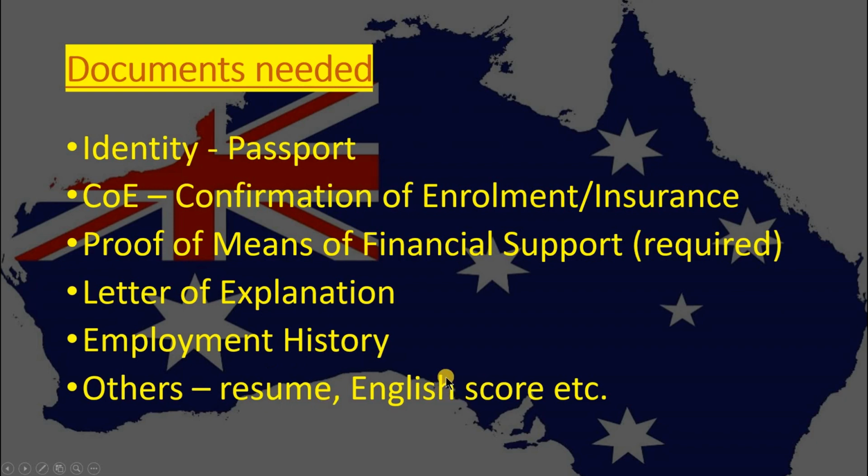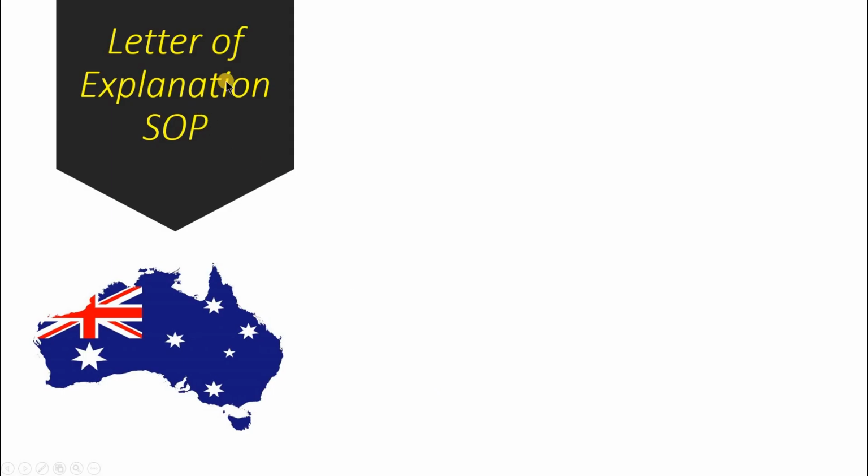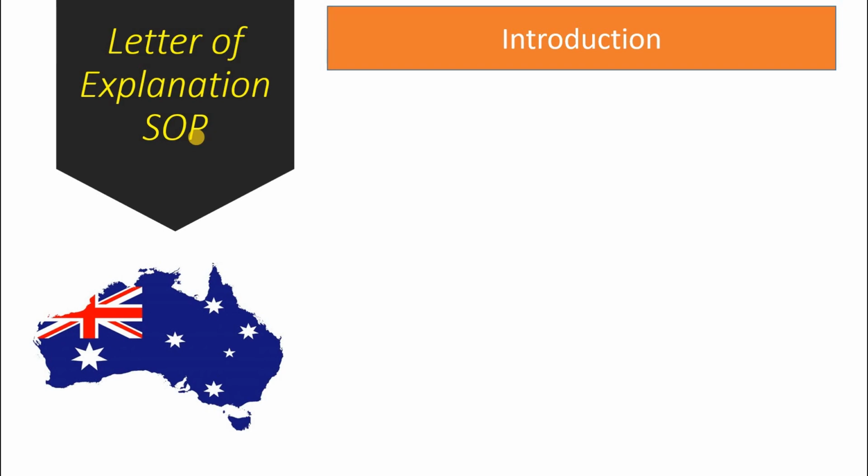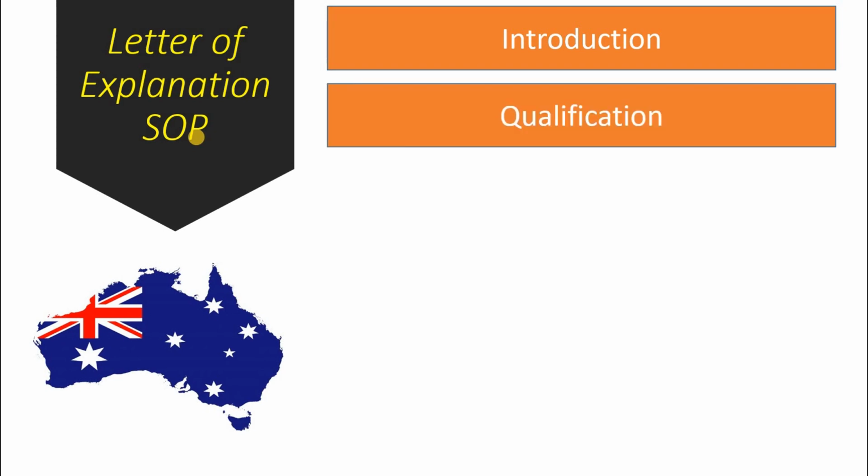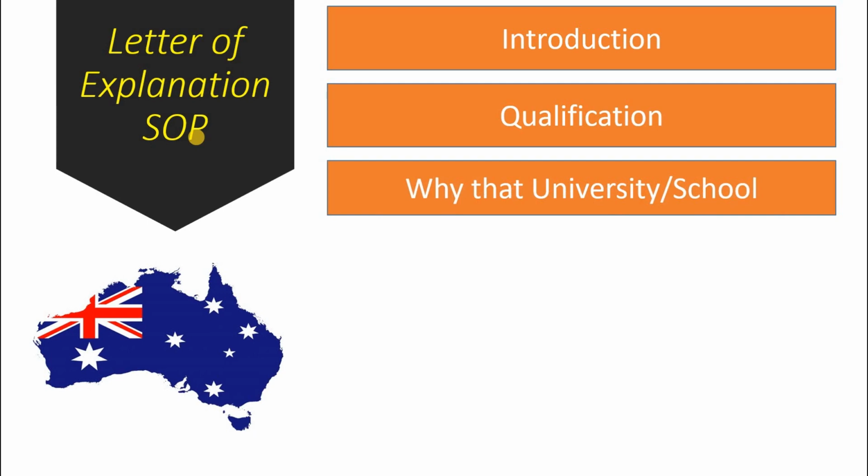So guys, let's talk briefly about the letter of explanation. It is one of the most important documents, if not the most, which will help the visa officer know that you are a genuine student and your intention is only to study in Australia, not to do anything else. Basically you will need to provide an introduction in that letter, and then your qualifications, and then why you are choosing that university.